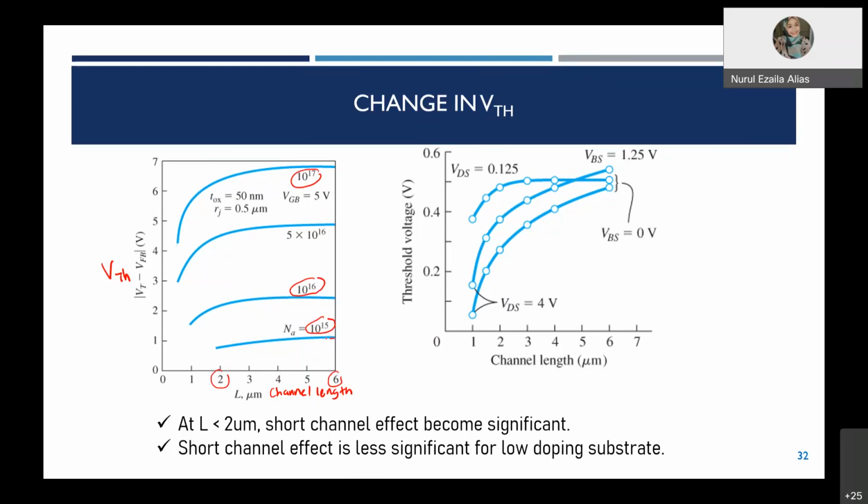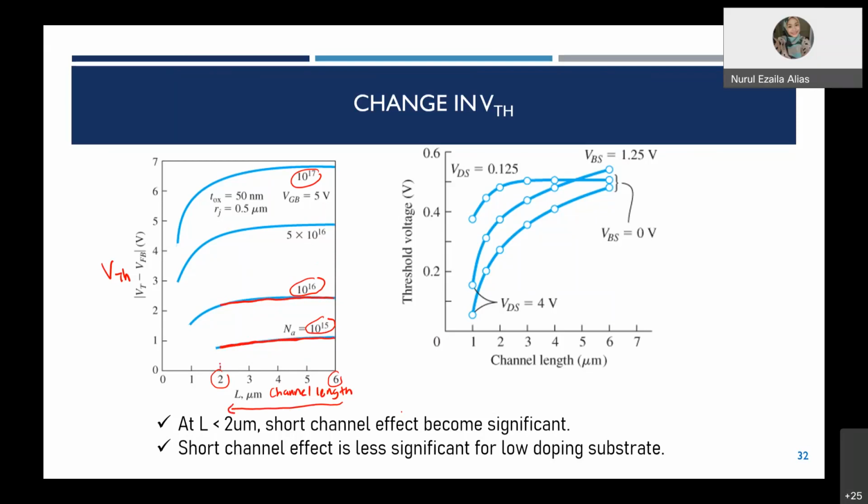So for the gate length, the threshold voltage is not much affected for low doping. Meaning the threshold voltage is almost the same. For 6 micrometer, when you downscale to 2 micrometer, it is still the same. For 10 to the power of 16, until 2 micrometer is also almost the same.